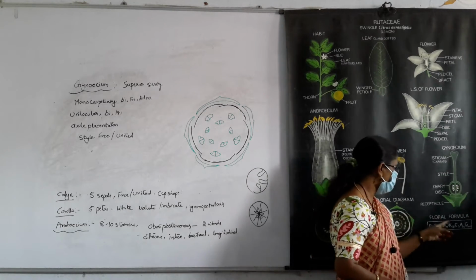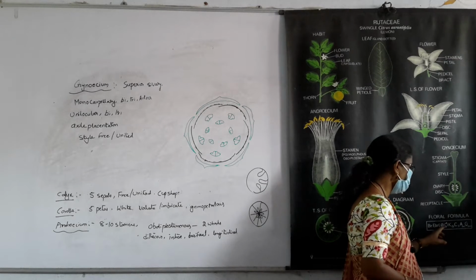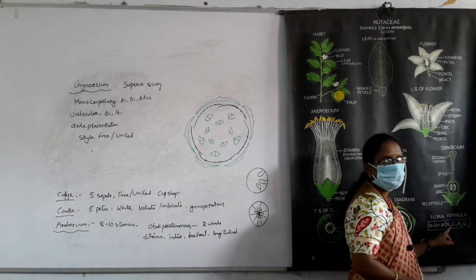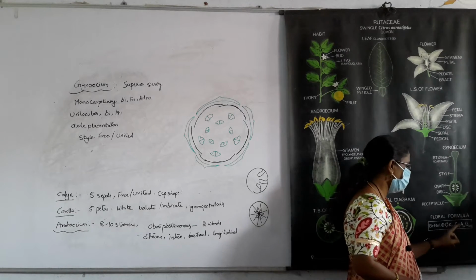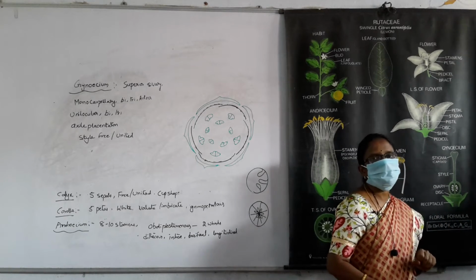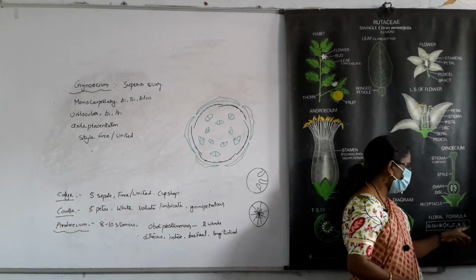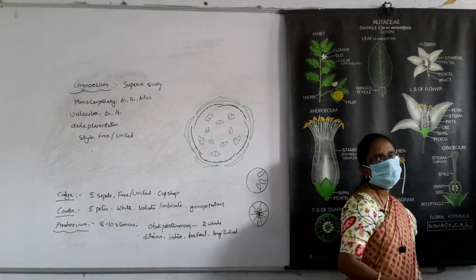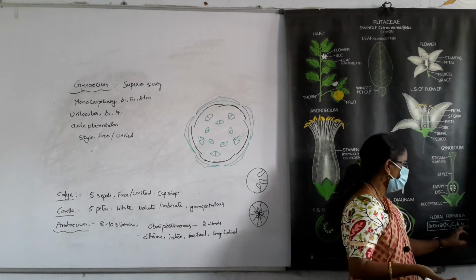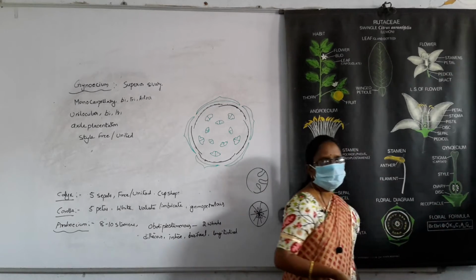The floral formula is Br, Ebrl, bracteate, ebracteolate, actinomorphic, bisexual, K(5) united, C5 free, A infinity or sometimes 5 to 10, and G carpels infinity or 2 to 4, hypogynous flowers. This is the floral formula of Rutaceae.